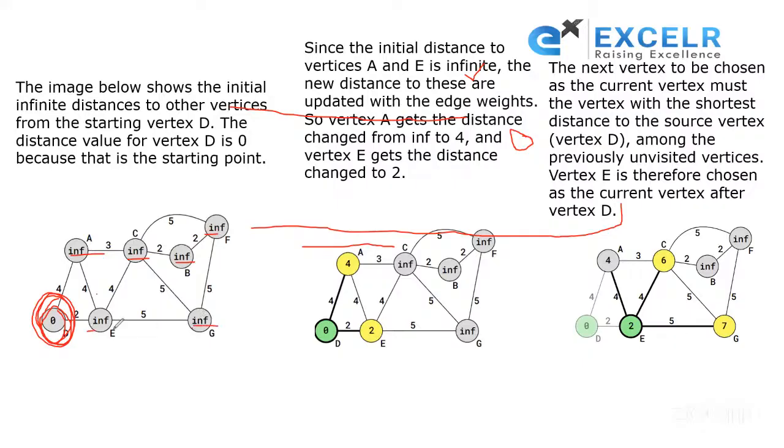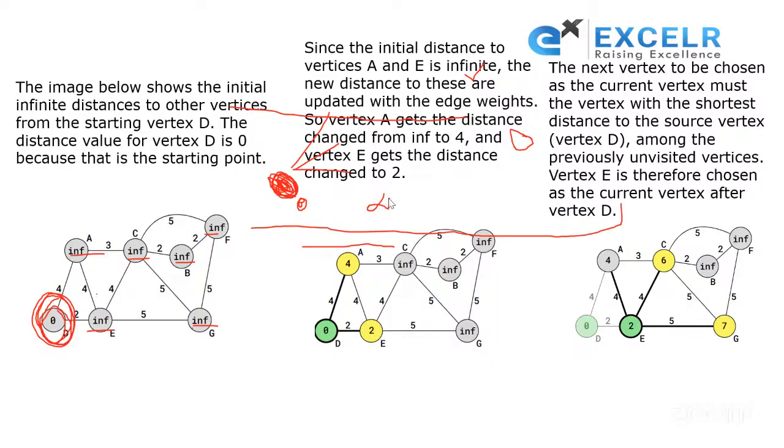So this is the first step. Whenever you are using Dijkstra's algorithm for a single source, because it is a single source shortest path, select a source, set the initial cost for that as 0, and for all other vertices, set it as infinity. Right? It is the first step.